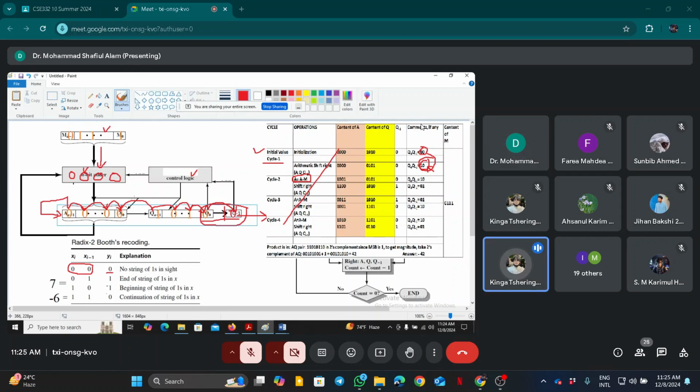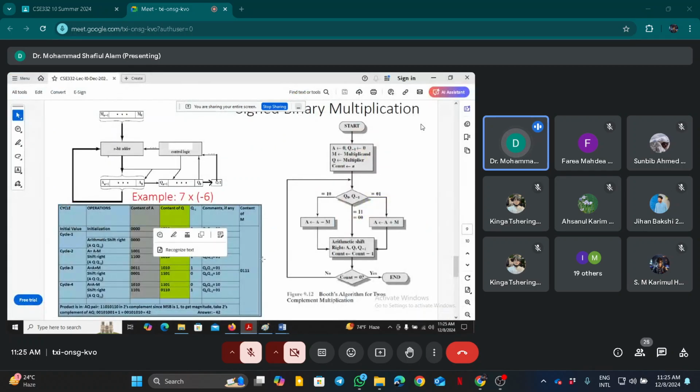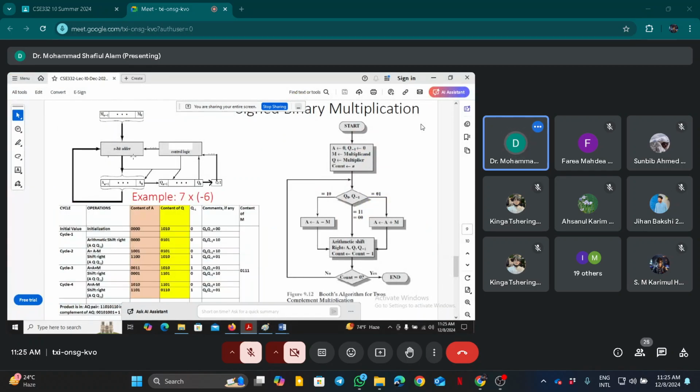Sir, in the exam, if we just draw the table with the flow chart and the circuit, is that enough? Hopefully. You need to reproduce this slide: the hardware or block diagram, the flow chart, and the table. You need to check the numbers and prepare the table accordingly. That should be enough.